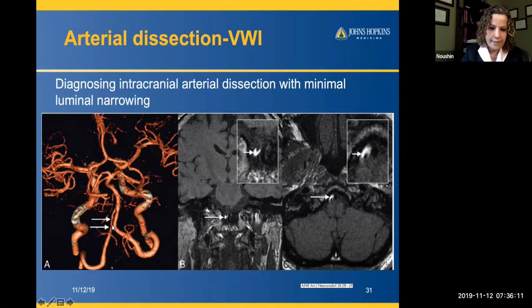Normally the lumen is narrowed. In dissection, sometimes you just see very smooth narrowing. It doesn't always have that classic areas of irregularity, narrowing or dissection flaps. So the patient was clinically suspected of arterial dissection, and they did vessel wall imaging. This is a non-contrast image. You see T1 hyperintense intramural hematoma.